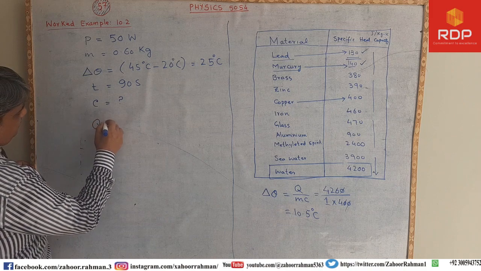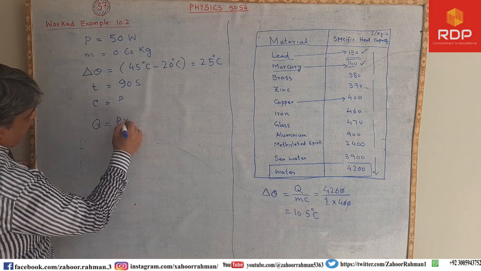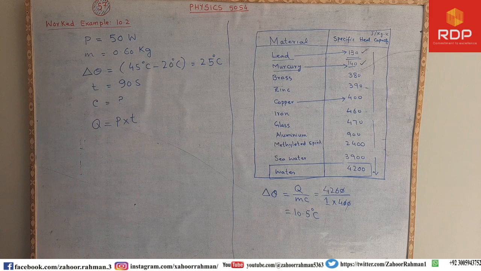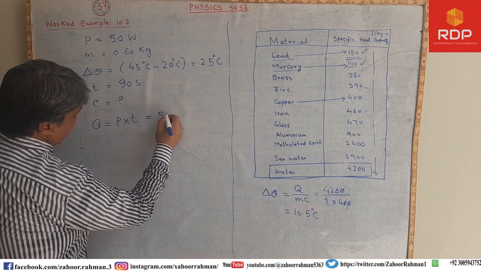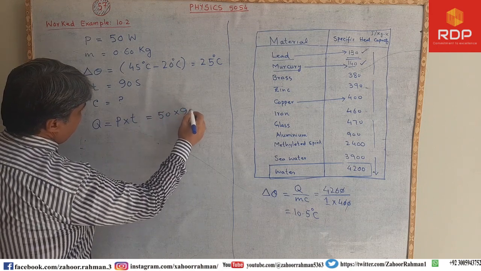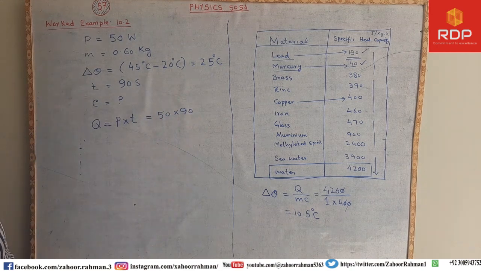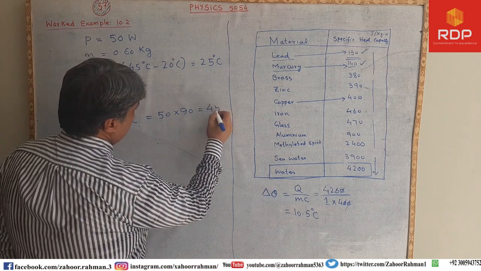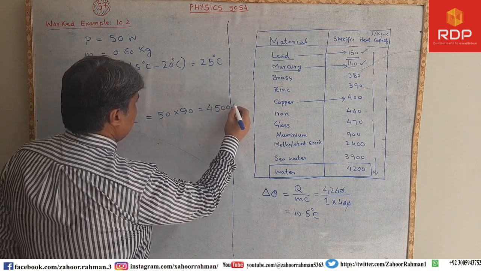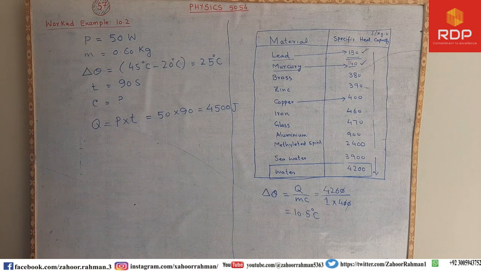So let us see what is the heat supplied by the heater. Q is equal to P cross T. P is given and T is given. So it means that 50 multiplied by 90, and that is equal to 4500 joule.